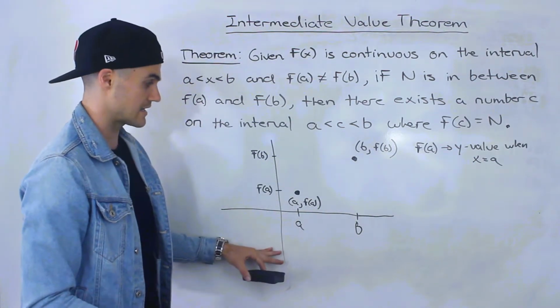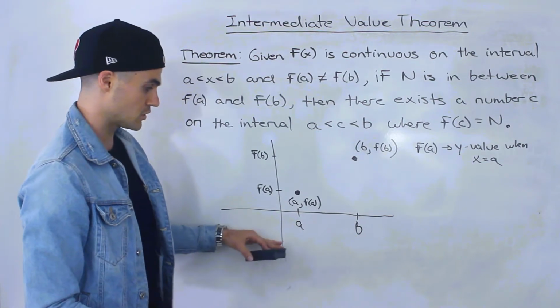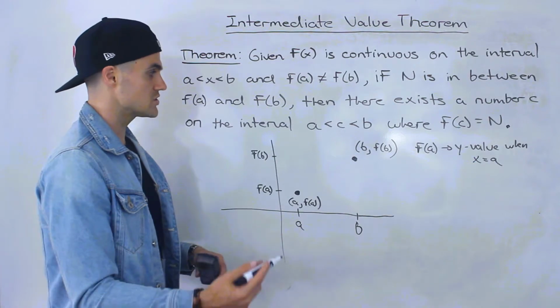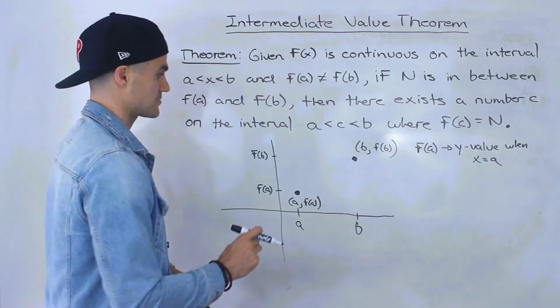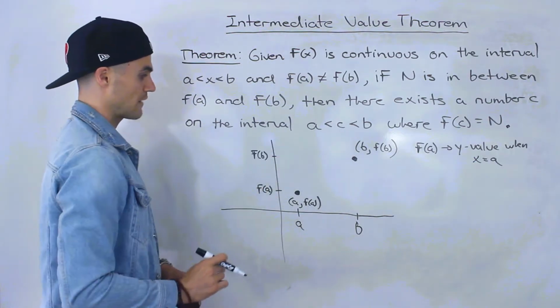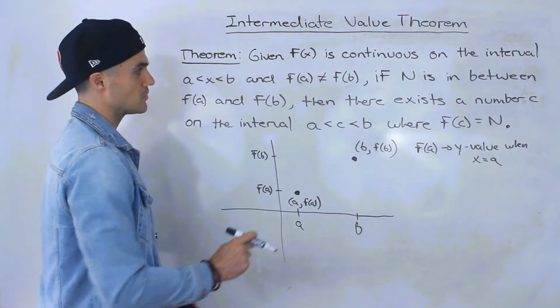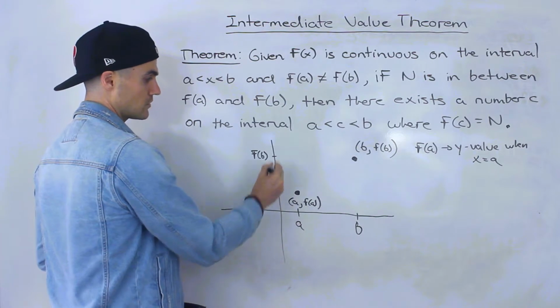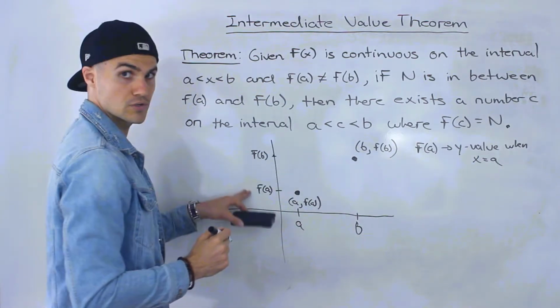It could also be less than f of a, right? So we could have put f of b down here as well. But just for now, for this explanation, I'm going to assume f of b is greater than f of a. The most important thing is that they're not equal. Right? We got this y value, and then we got that y value, two different y values.